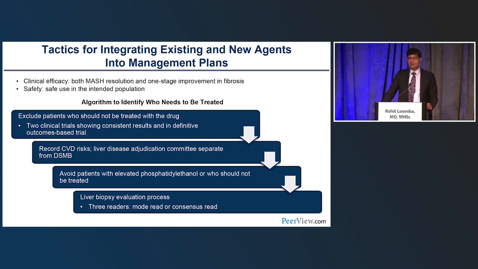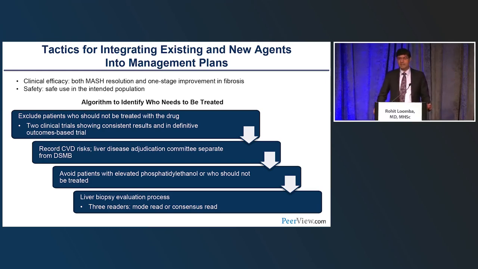So the key idea, as Dr. Allen previously pointed out, we are looking for patients who would be candidates for therapy, and these patients would be who have significant disease that is NASH stage 2 or 3 fibrosis. We want to look at clinical efficacy for both NASH resolution as well as one-stage improvement in fibrosis to identify which therapies would be effective, and also look at safety of the medications in the intended population that we plan on treating.